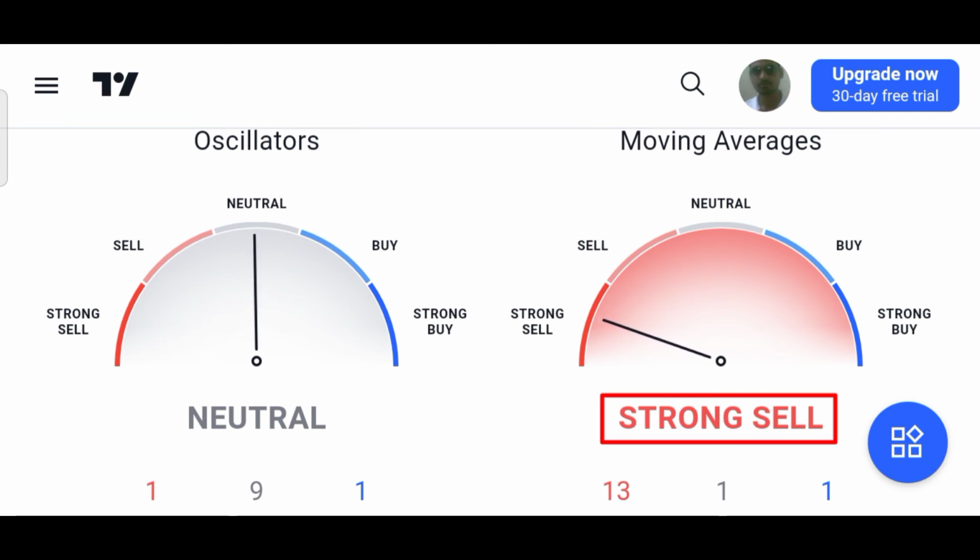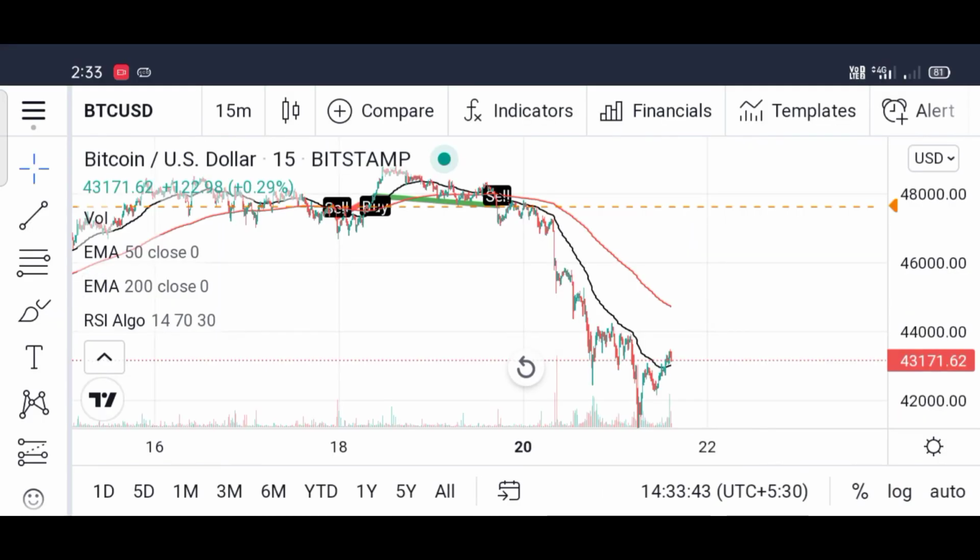To buy asset, we should find first strong sell indicator from here. Then after, go to chart. When we find recent buy signal, then we can buy our asset.